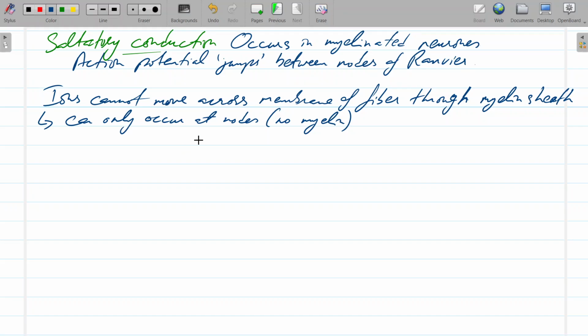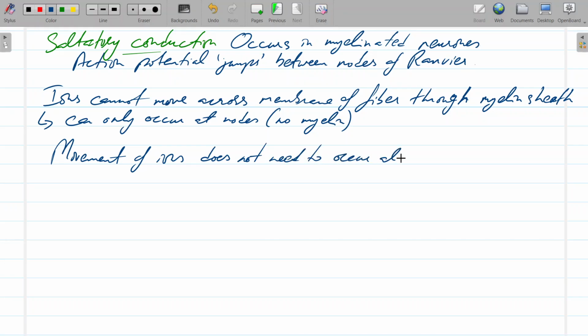And this helps in speeding up the impulse, right? The reason why it helps speed up the impulse is because the movement of ions does not need to occur along the entire length of the fiber.